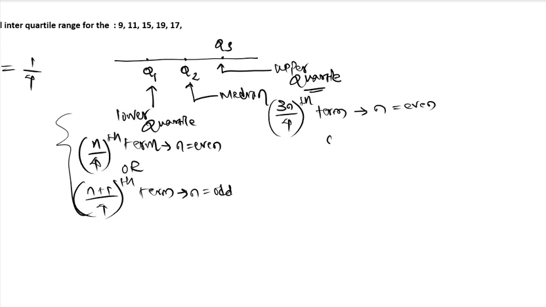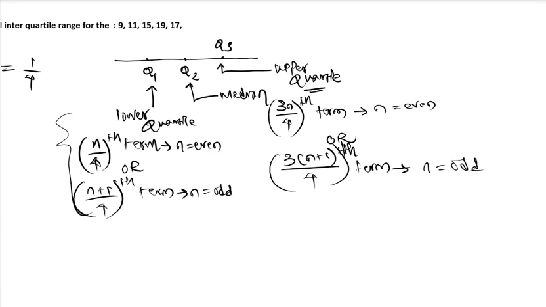And the other formula is 3 bracket n plus 1 by 4. Don't write 3n plus 1 by 4, okay? It's 3 bracket n plus 1 by 4th term. The whole is in the bracket and then there is the 4th term. And we are going to use this when n is odd.